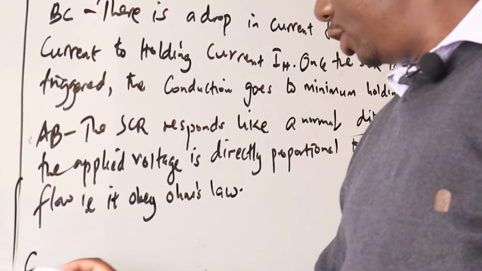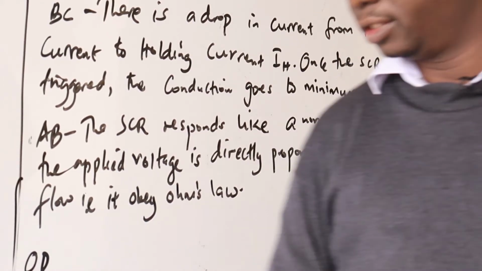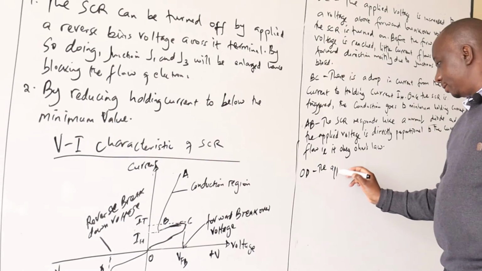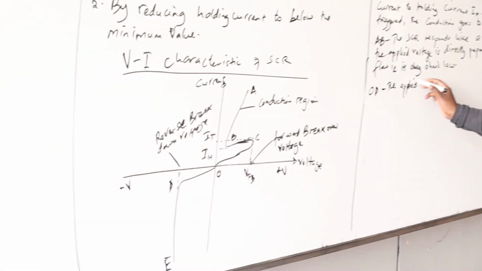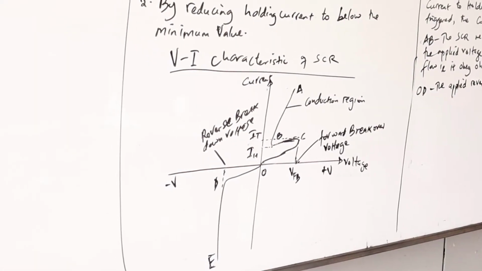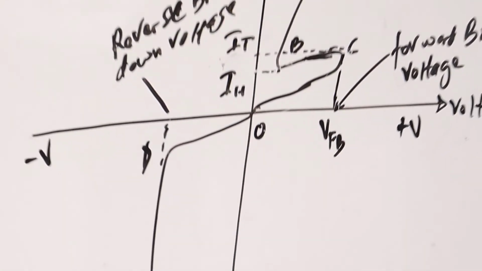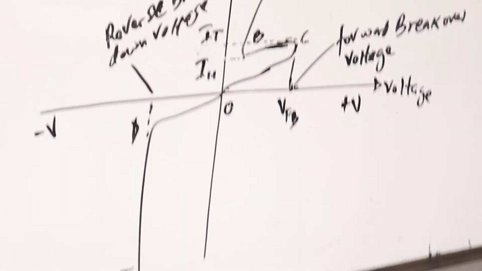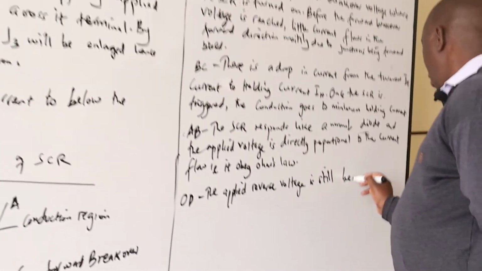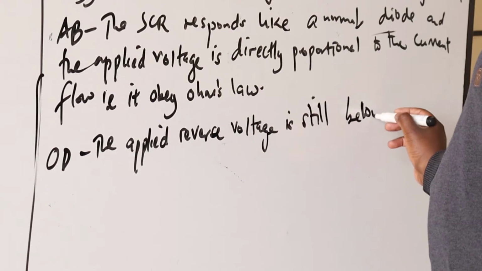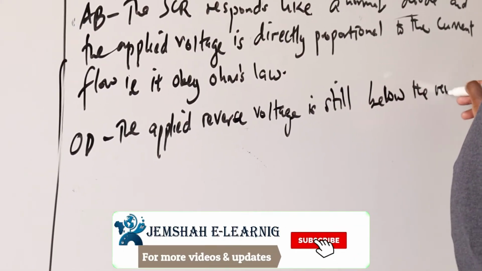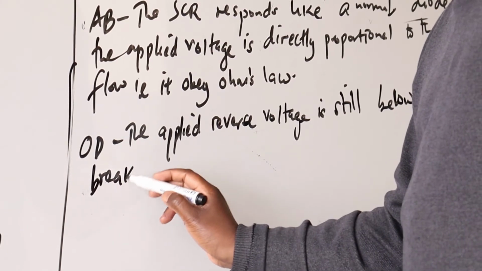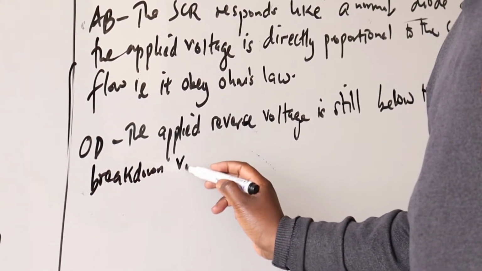At point OD, at the fourth quadrant, then the applied reverse voltage is still below the reverse breakdown voltage.